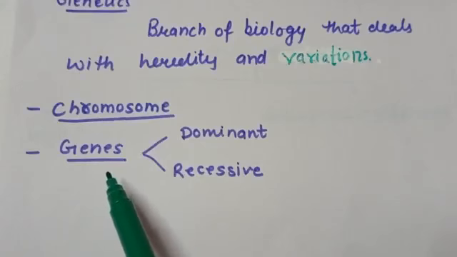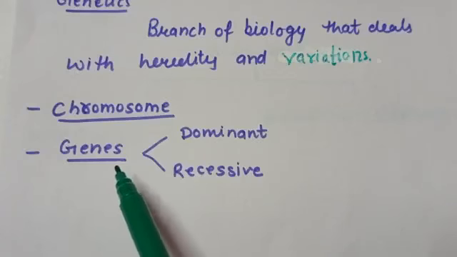of the individual. These genes are located on the chromosomes and they control various traits of an organism. Genes are the basic units of inheritance that are capable of determining the development of a special characteristic of an organism.